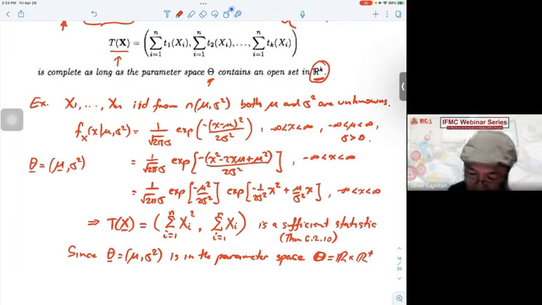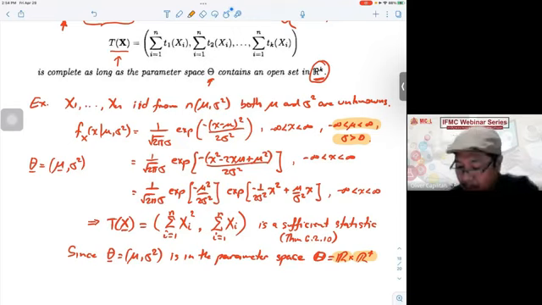So itong mu natin, set of real numbers. Yung ating variance, positive. So this is actually an ordered pair. Meron tayong cross product dito. Diba? We have a cross product of two sets: the set of real numbers and the set of positive real numbers.